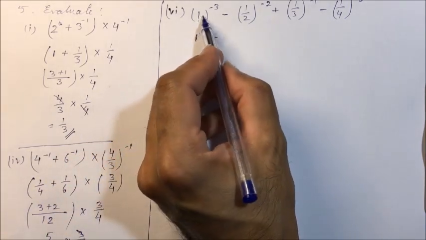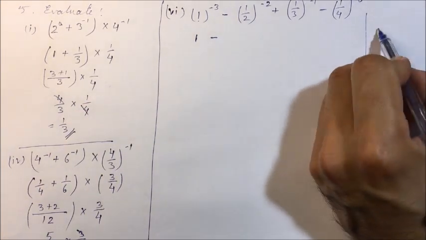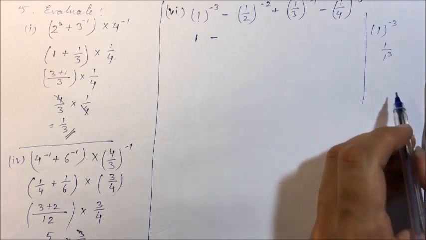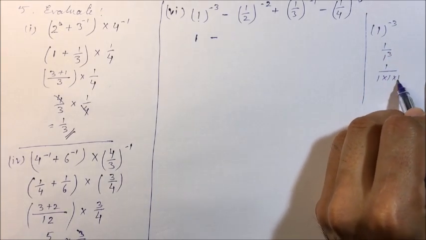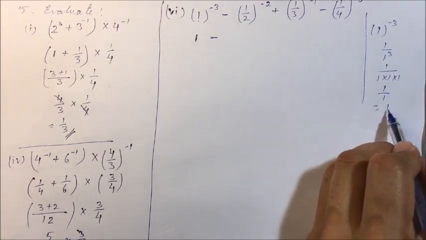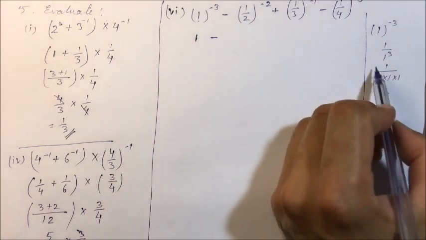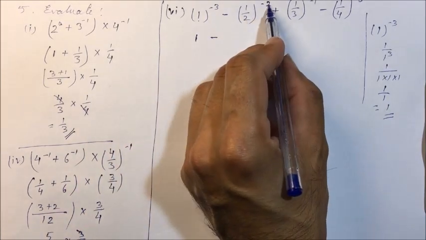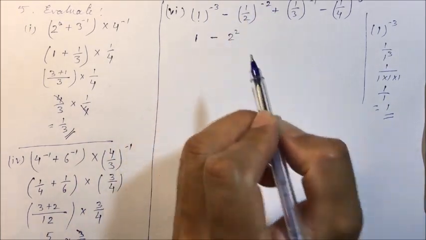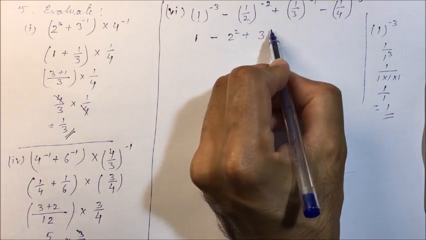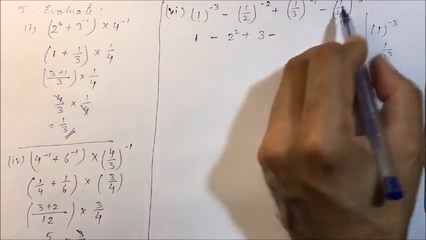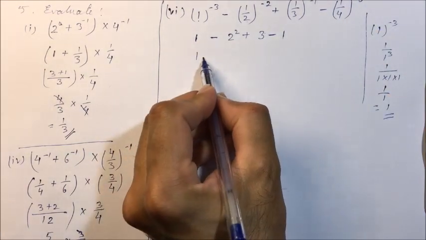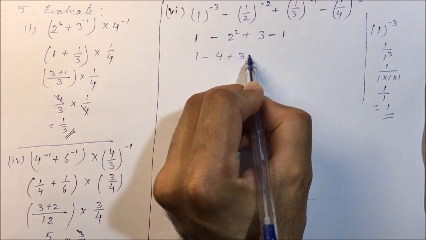For example, 1 raised to power minus 3 will be 1 upon 1 raised to power 3, 1 upon 1 into 1 into 1, it is 1 upon 1, it is 1. 1 raised to power anything will always be 1. 1 upon 2 raised to power minus 2 will be 2 raised to power 2, plus 3 raised to power 1, that is 3, minus any number raised to power 0 is always 1. 1 minus 4 plus 3 minus 1.